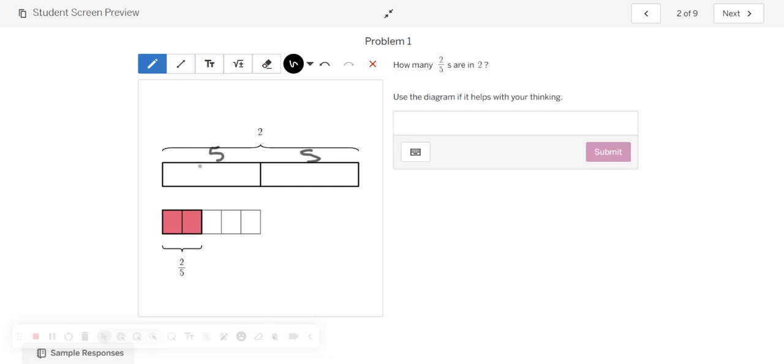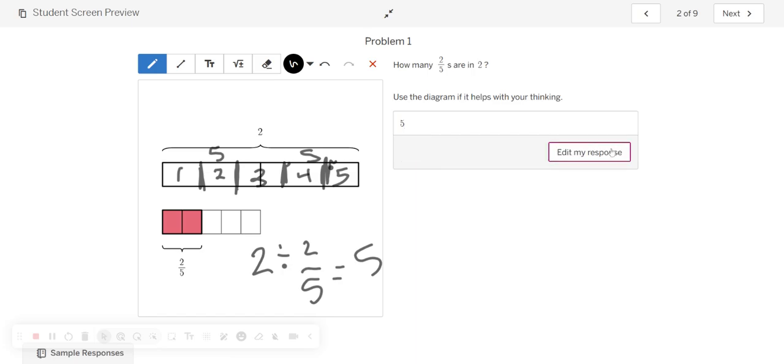So 2, then 2, then 2, then 2, something like that. So you got 1, 2, 3, 4, 5. So 2 divided by 2/5 equals 5.